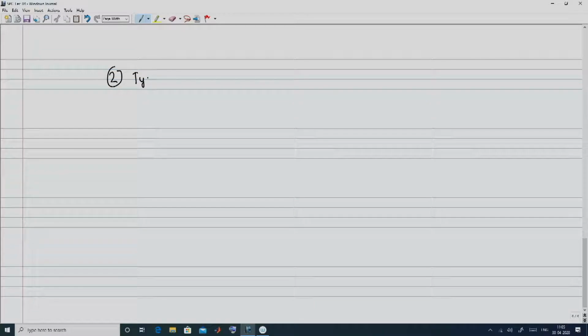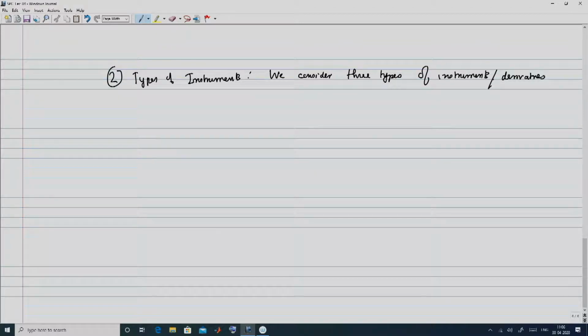So, next we move on to financial instruments or types of instruments. And we consider three types of instruments, right? And by this I mean financial instruments or derivatives. So, the first one that we will consider is forwards and futures. So, we begin with talking about what is a forward contract.